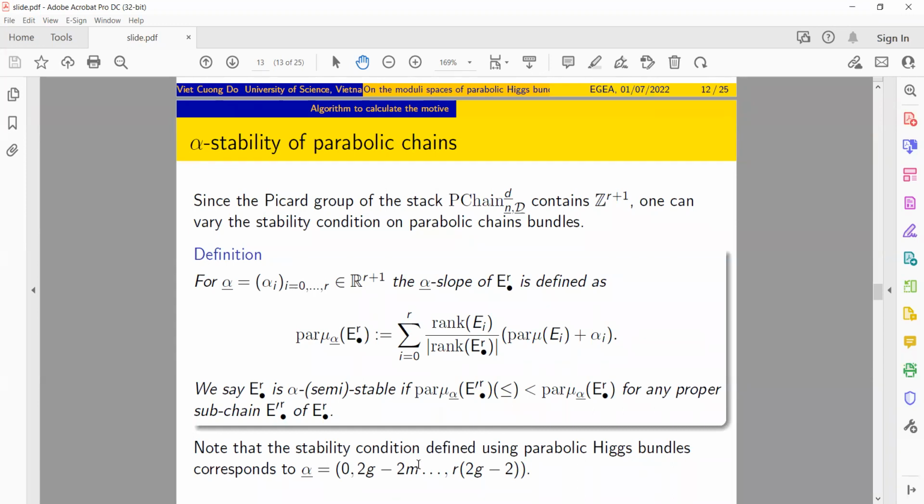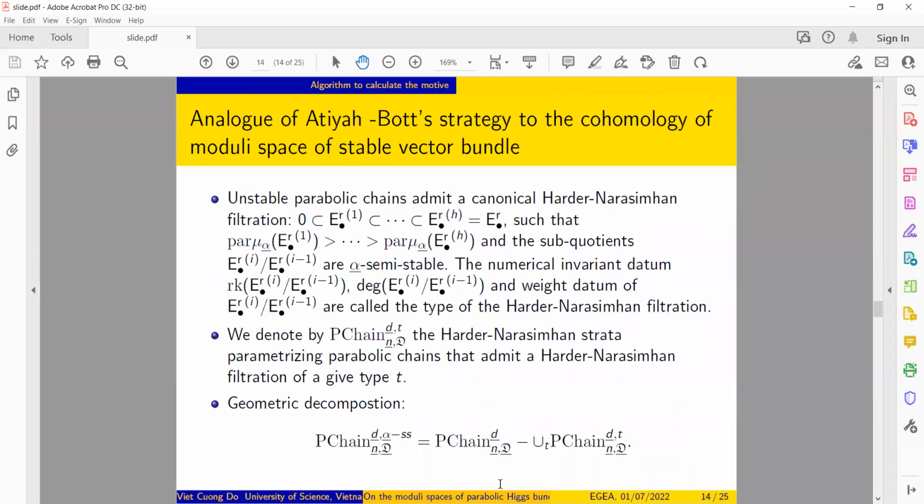We don't have m here, so there is some typo here, and r multiplied by 2g minus 2. It's okay. Now I move to the next slide. So now we want to calculate the parabolic chains that are alpha-stable and semistable.